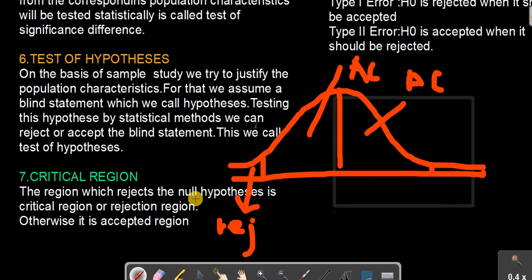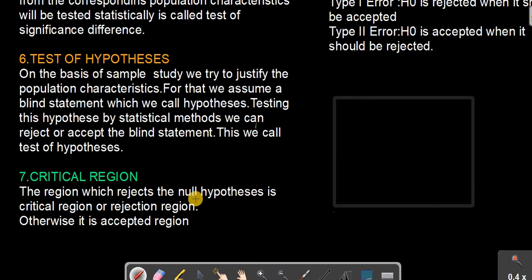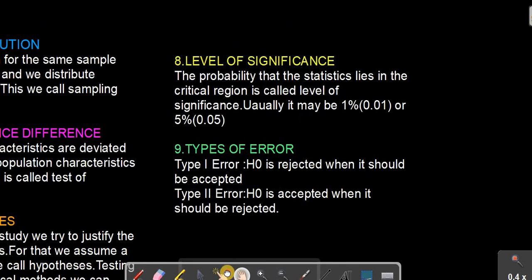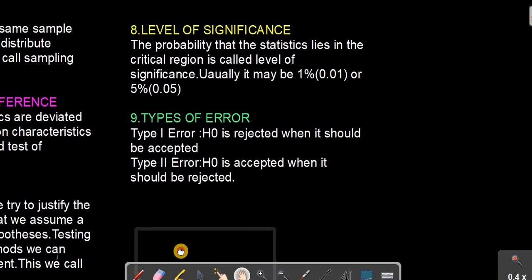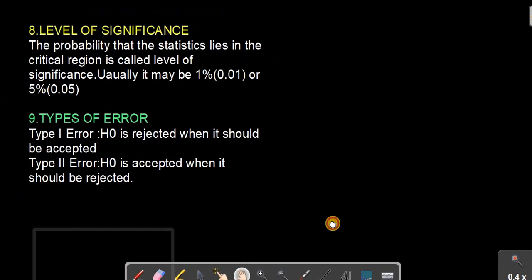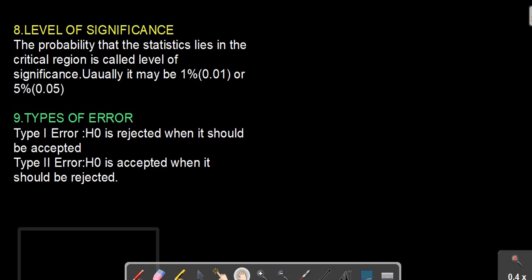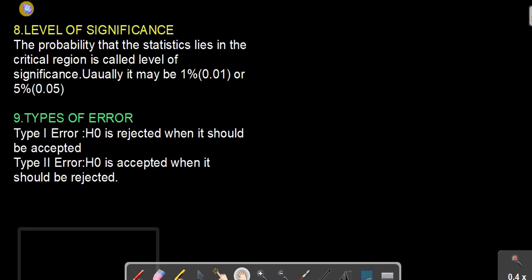Now coming to the next point, which is the level of significance. Usually the levels of significance are 95% or 99%.